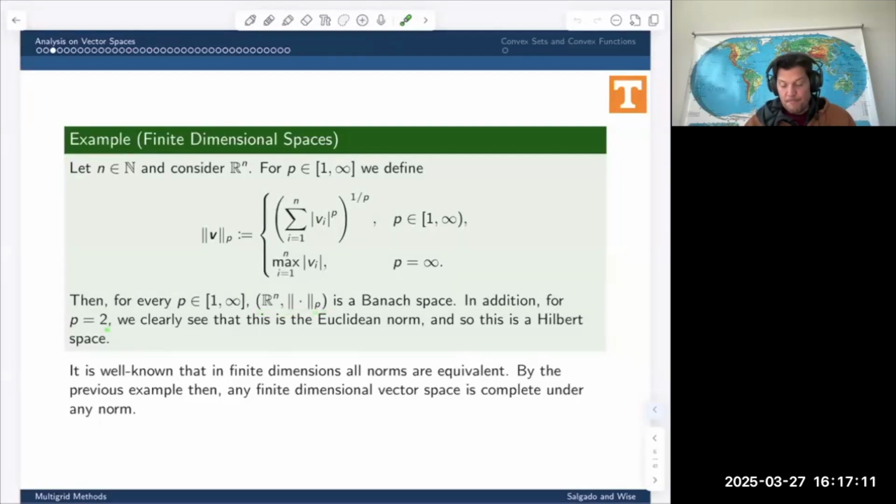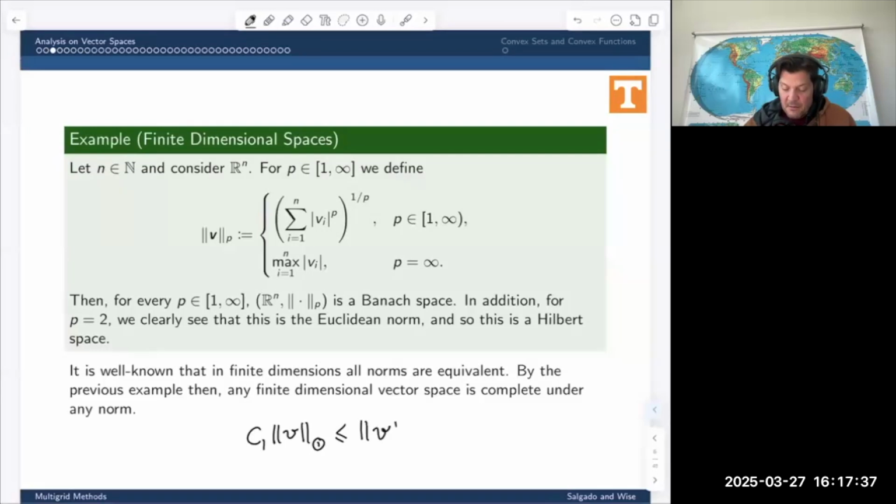That's the special case. Now, in finite dimensions, it's well known that all norms are equivalent. That means if I have a finite dimensional vector space like Rn, and say 2 norms lying around, let's call them the circle 1 norm and the circle 2 norm.